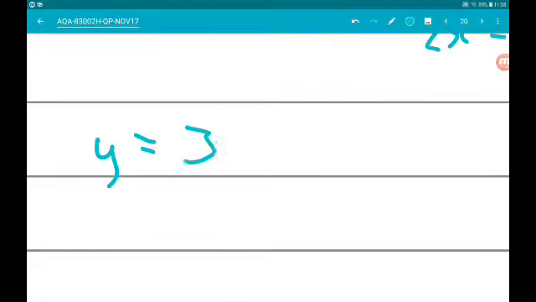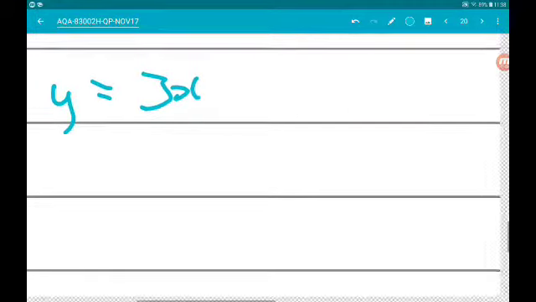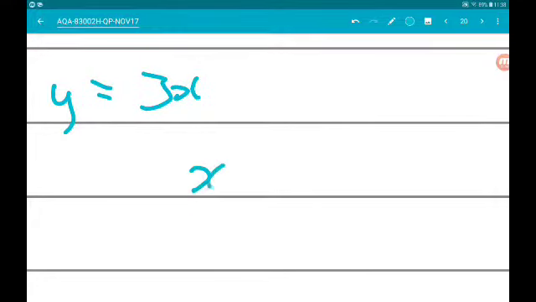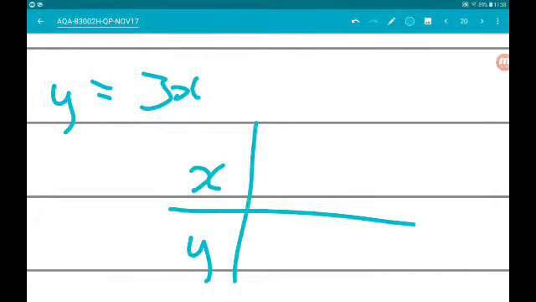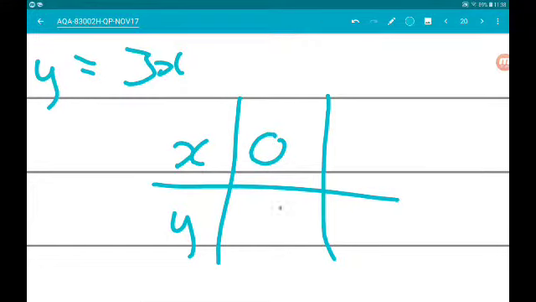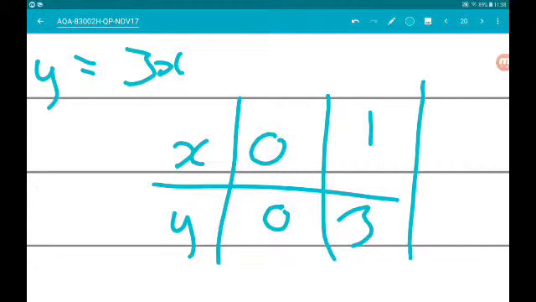So, for y equals 3x, if we draw a little coordinate table, we know x, y. When x is 0, y is equal to 0. When x is 1, y is 3. When x is 2, y is 6.